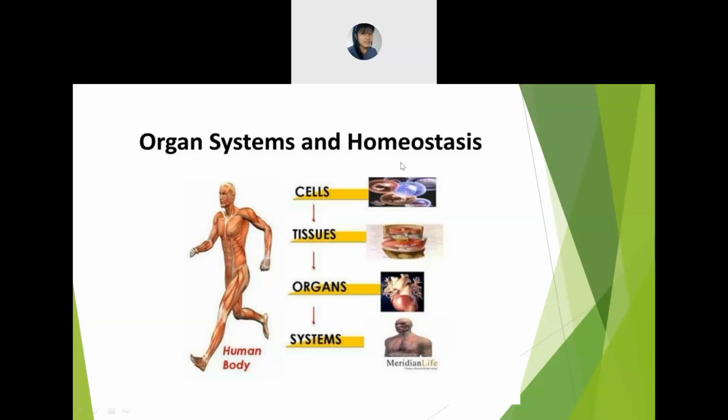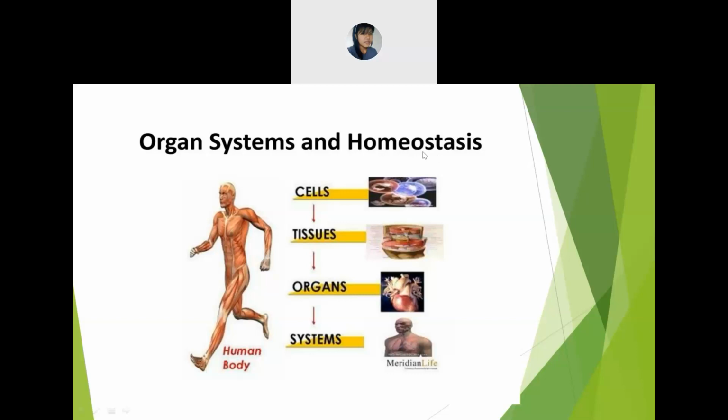Now, organ system and homeostasis. Homeostasis means they are actively maintained, in such a way that we can survive. They make our life such that we can remain stable. Have you heard the phrase survival of the fittest? Yes or no?